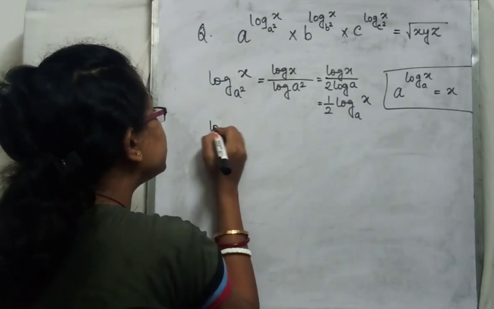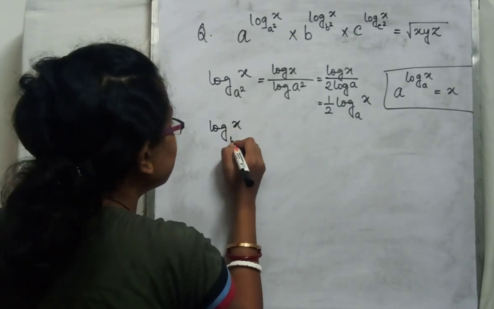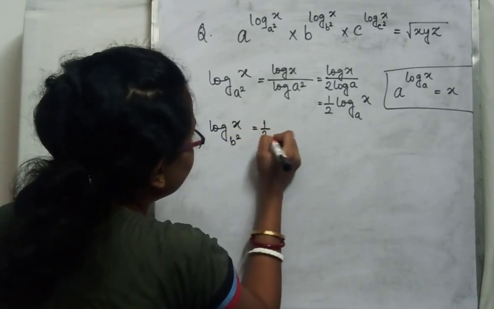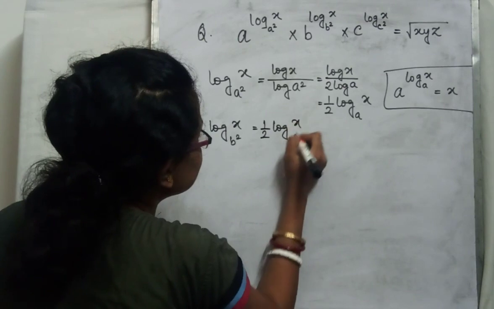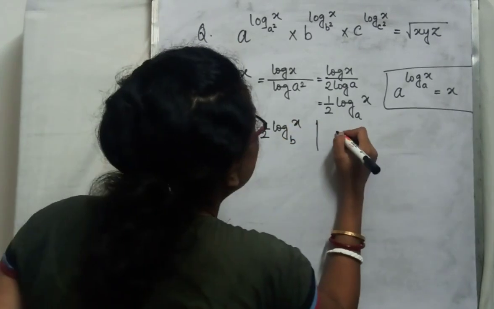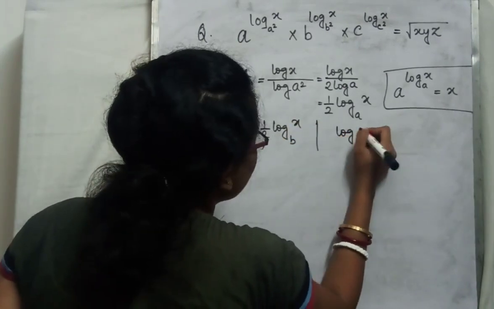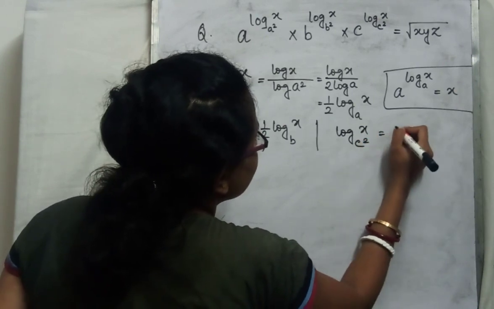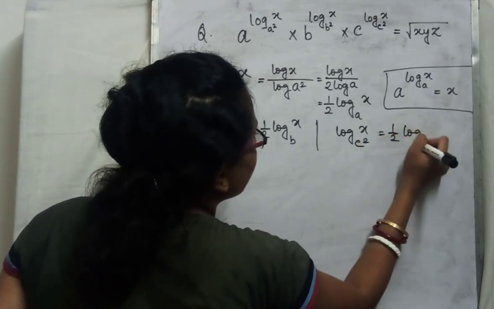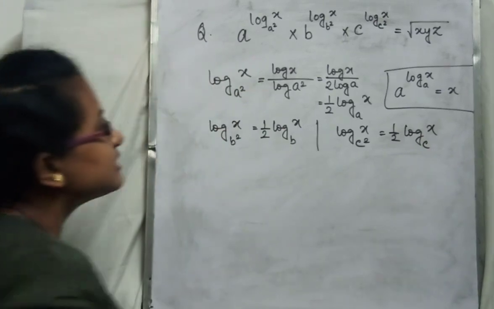So likewise, we can have half log x base b, and we can have log x base c square equal to half log x base c.